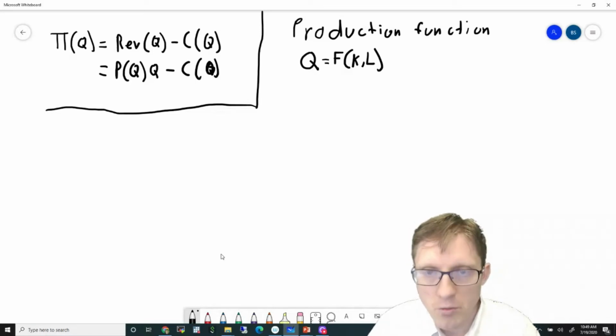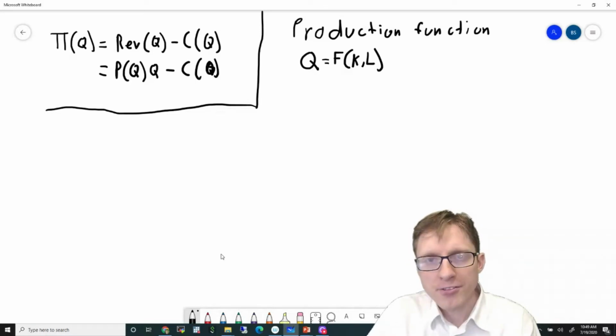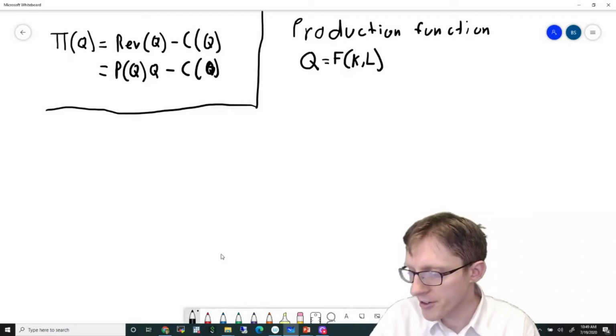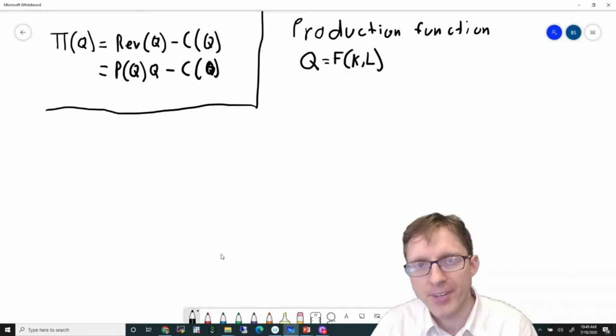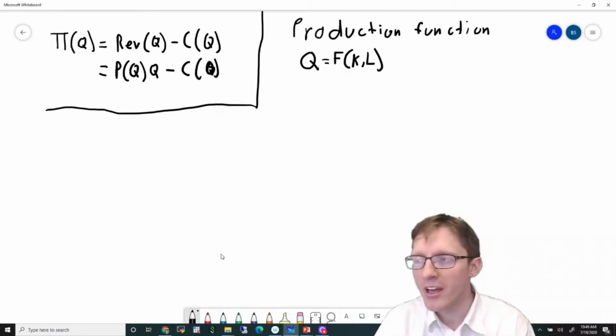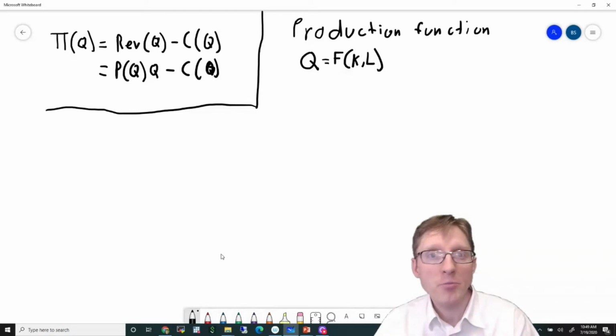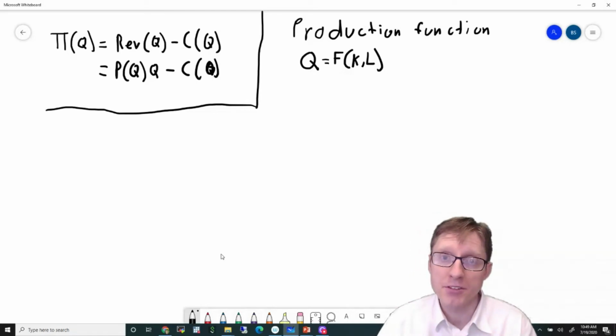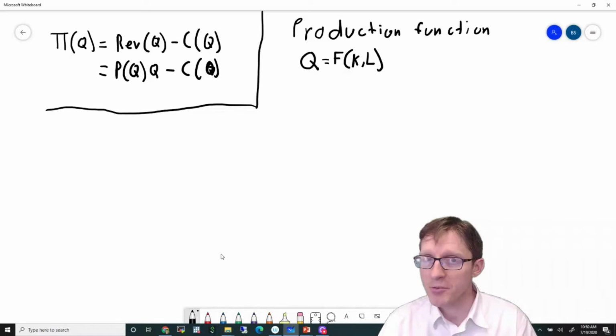Okay, so the first step to solving this problem is to figure out this production function. Now we're not going to figure out where this comes from or what the exact form of the production function is in this class. In a given context, you might be able to figure this out by varying the amounts of capital and labor, and then estimating the production function using the tools that you'll later learn in your econometrics class.